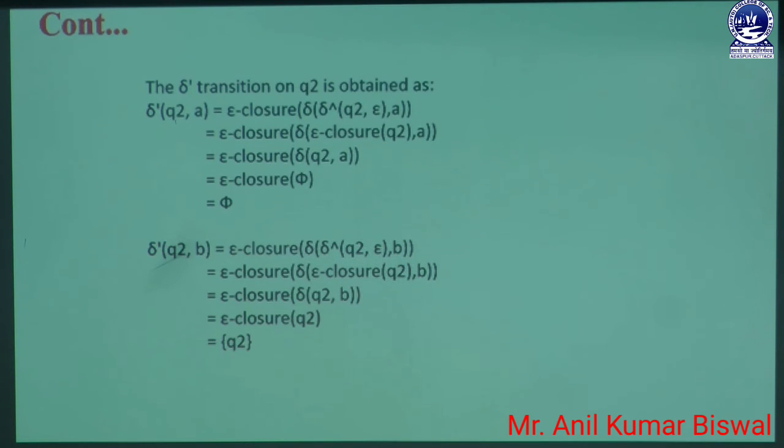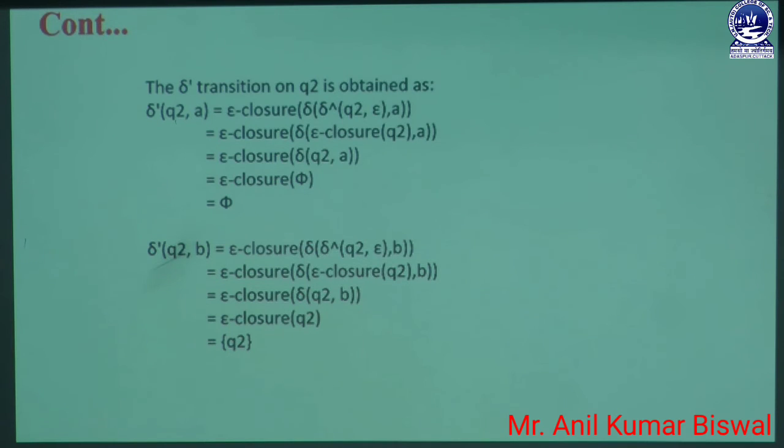Whenever Q2 contains epsilon, the same epsilon closure of Q2 can be elaborated this way. When we describe the epsilon closure of Q2 accepting B and calculate the overall transition, the epsilon closure of Q2 contains the same state. No new state is created, and we get a state named Q2.